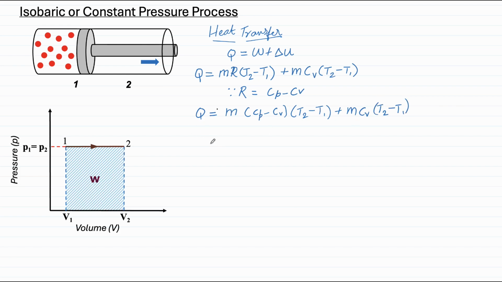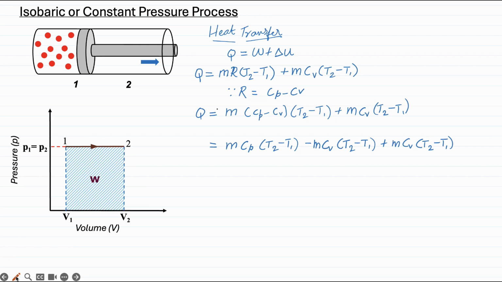We can simplify this expression further and get m Cp (T2 minus T1) minus m Cv (T2 minus T1) plus m Cv (T2 minus T1).